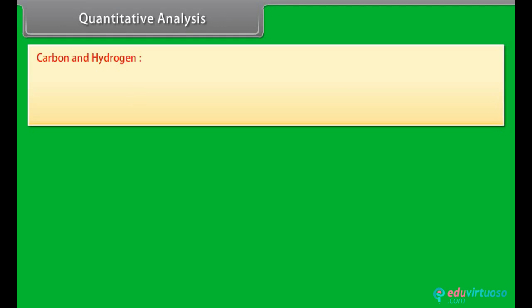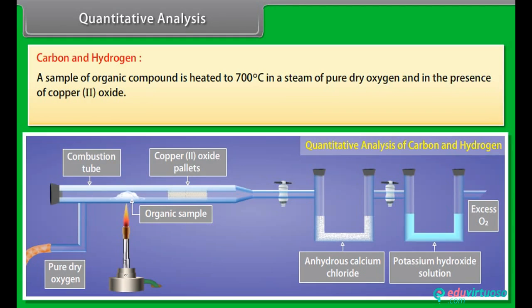Quantitative analysis. Carbon and hydrogen. A sample of organic compound is heated to 700 degrees Celsius in a stream of pure dry oxygen and in the presence of copper-2 oxide. The hydrogen is oxidized to water and carbon to carbon dioxide.